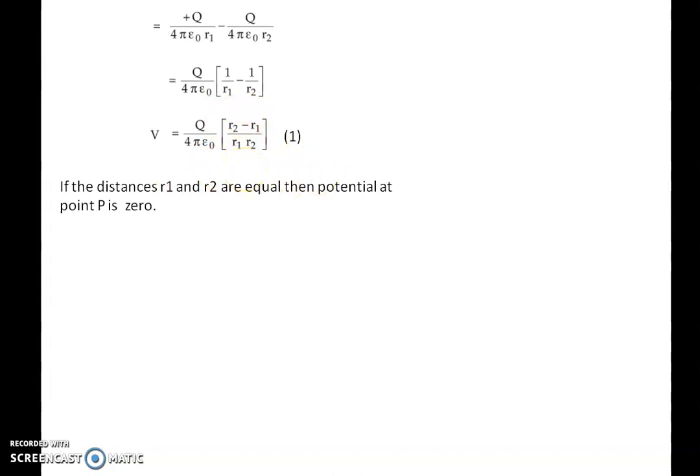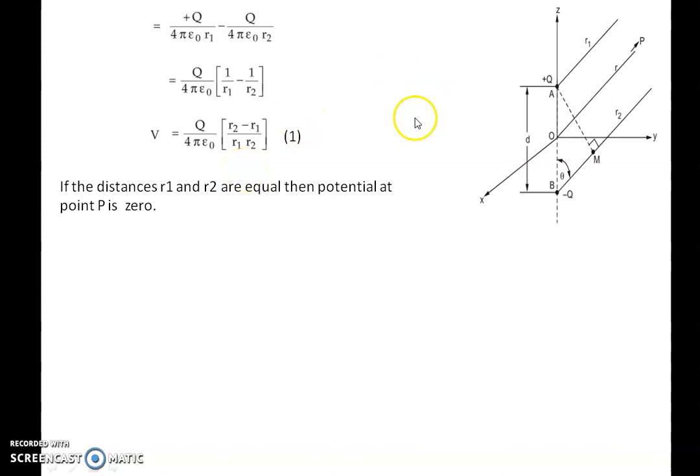Now I will consider the other case where this point P lies far away from points A and B. That is, we will consider the distance between A and P to be nearly equal to infinity.